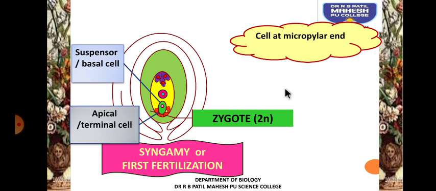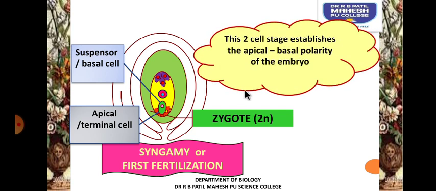So the zygote enlarges in size and becomes an oosphere. That oosphere divides transversely, and then the basal cell will be converted into the suspensor cell, whereas the apical cell will be converted into the terminal cell, which is also called the embryo cell.